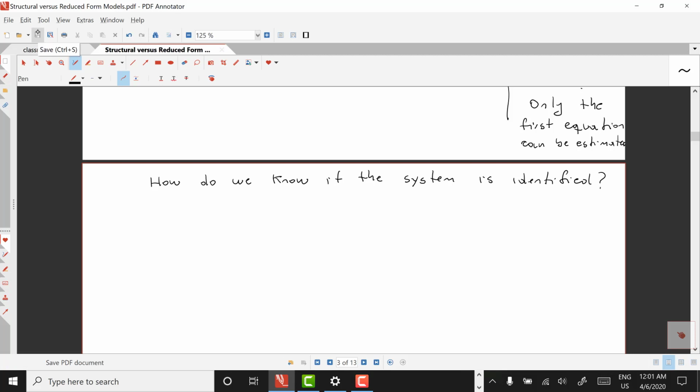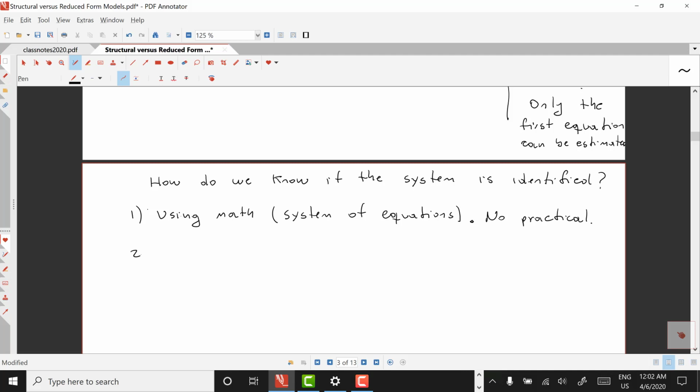Well, one way to do it is using math, using all those systems of equations. And you see that's even problematic for the case where we only have two equations. When we have three equations, things become crazy. So this is not practical.